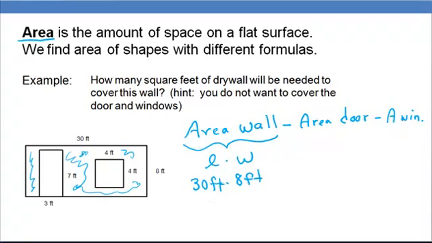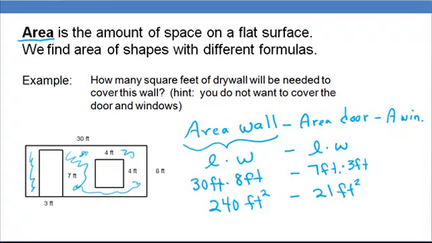And that will give us 240 square feet, right? Area of the door, this is also going to be length times width. It's 7 feet by 3 feet. And this gives us 21 square feet.